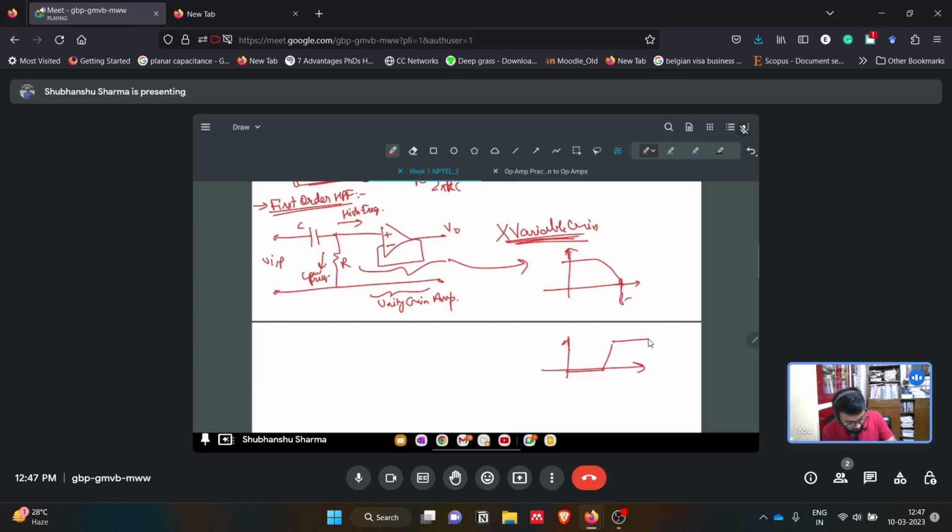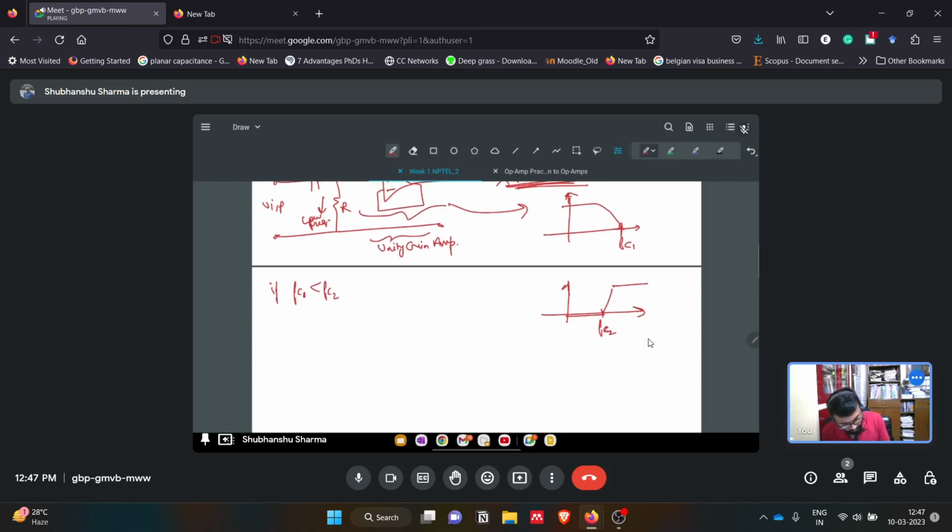Let's say this is FC1, this is FC2. If FC1 is less than FC2, then the characteristics will look like this, and we will basically get a band reject filter.